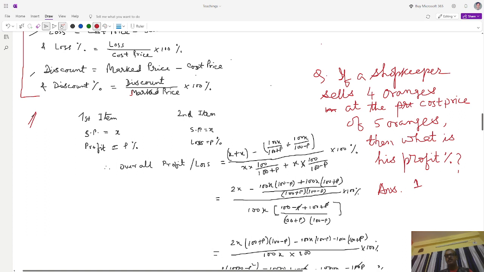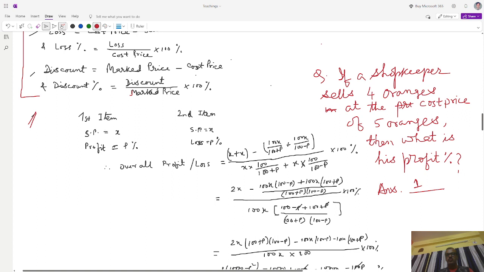By selling 4 oranges, he gets 1 orange profit. Out of how many oranges? It is not a matter. It is the matter of the cost price, because he gains profit upon the cost price.